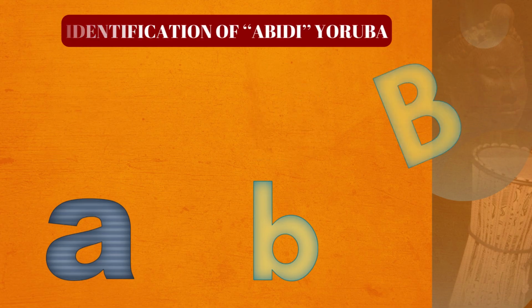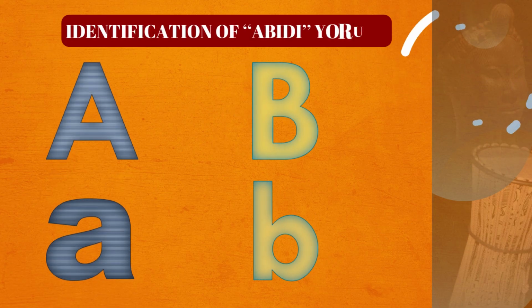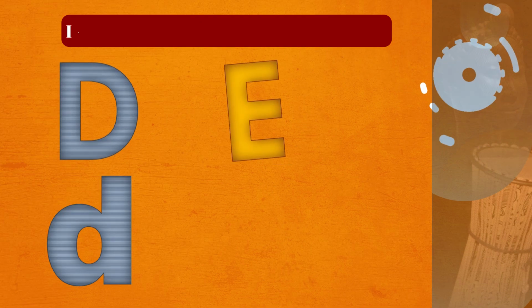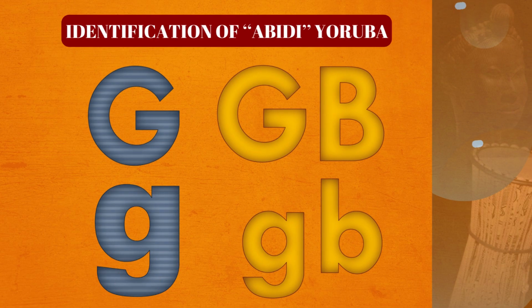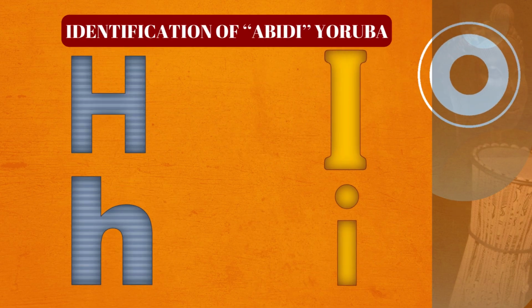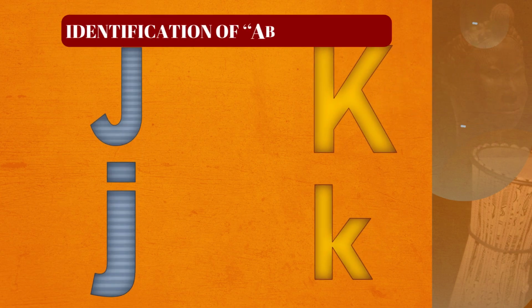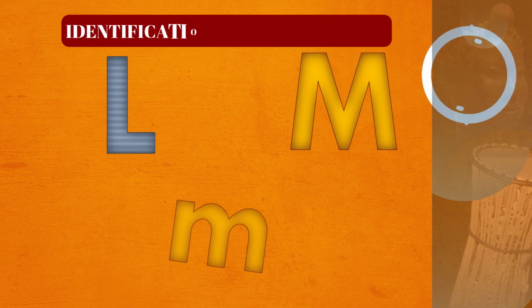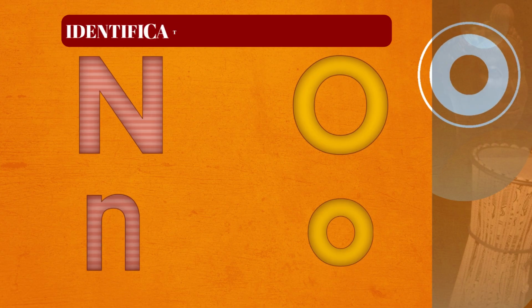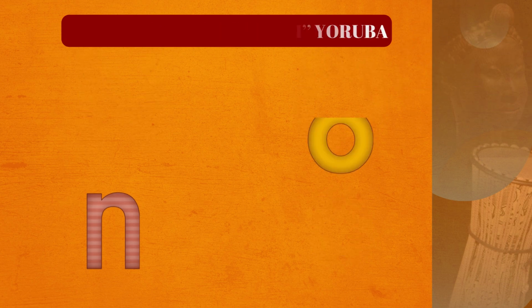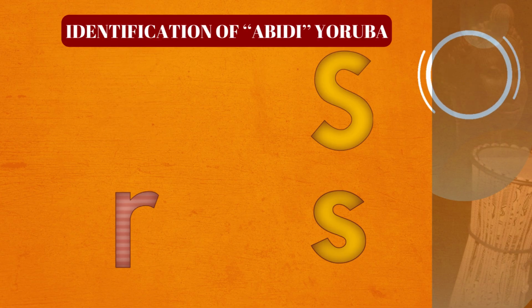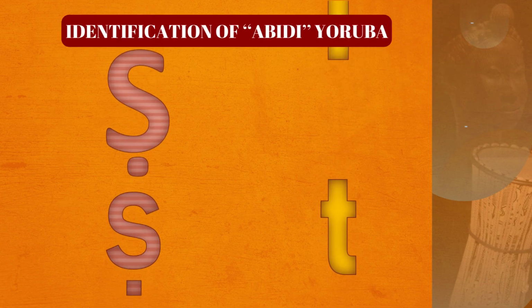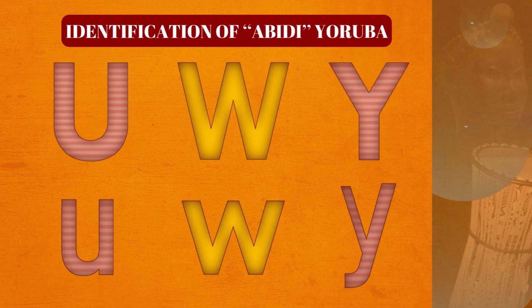As you can see, we have A, B, D, E, F, G, Gb, I, J, K, L, M, N, O, P, R, S, Ṣ, T, U, W, Y. Gbogbo ẹ̀ nìyẹn.